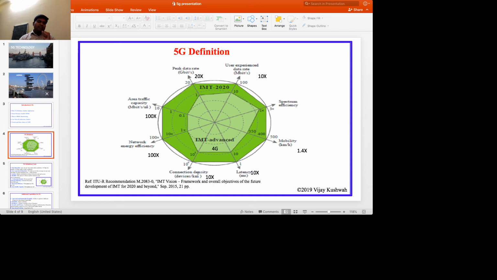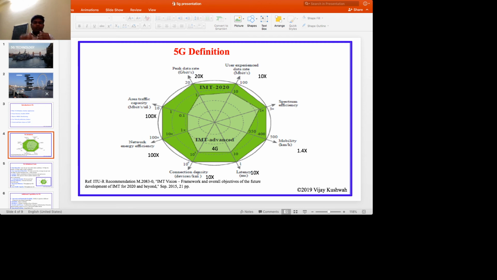Now network energy efficiency. How much energy does it take to send many bits?